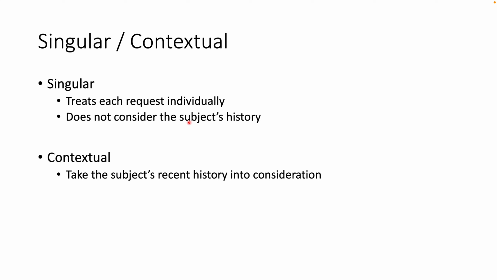This can allow faster evaluation, but there is a risk that an attack can go undetected if the subject stayed within an allowed role. Different from the singular trust algorithm, a contextual trust algorithm takes the subject or network agent's recent history into consideration when evaluating an access request.